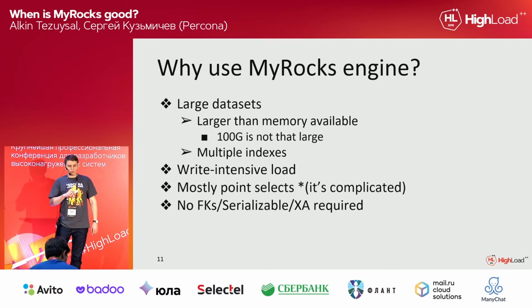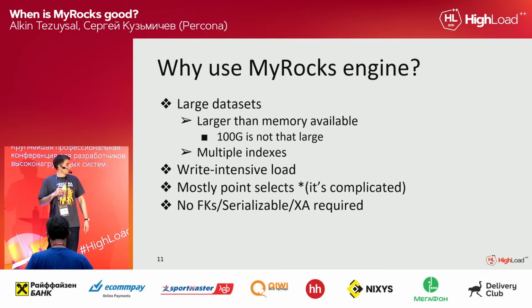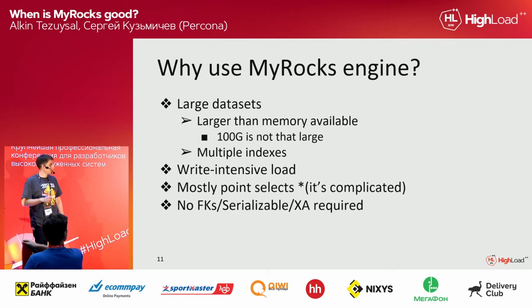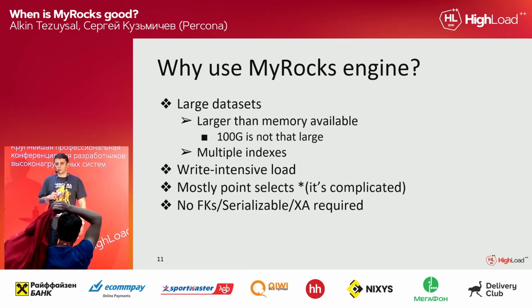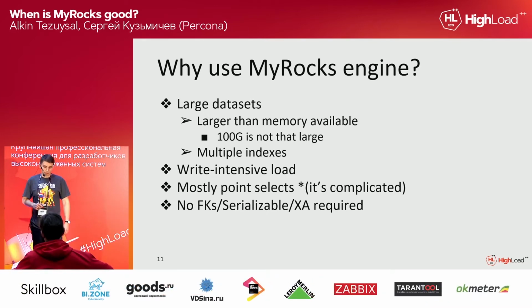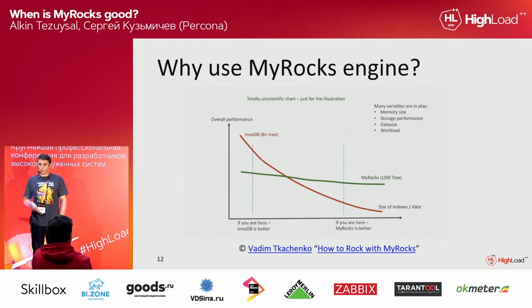Pretty complex queries can be done in MyRocks, and they will work, but perhaps InnoDB will be quite a bit faster there. And of course, if you have a lot of business logic and foreign keys and serializable transactional isolations are key points for you, you will not be able to use MyRocks. There is a nice chart made by Vadim Tkachenko, and you can check it out and check his webinar.